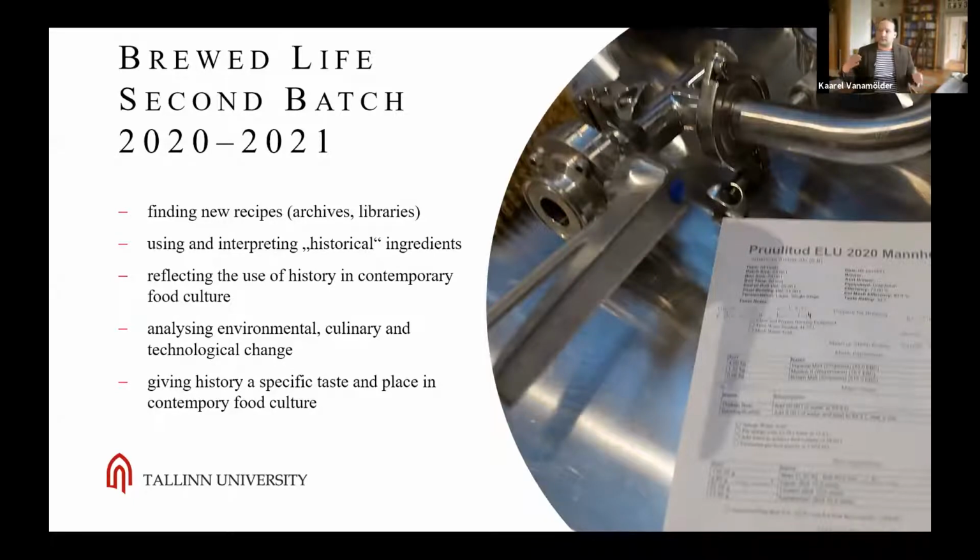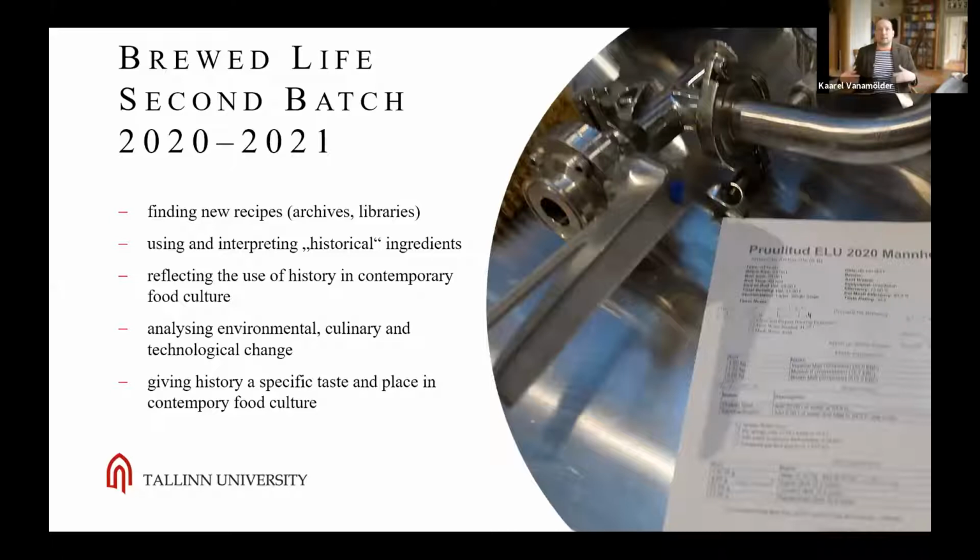So that means at first students had to find the new recipes, digging into archives, digging into the libraries, into the digital libraries, which in our current times is very important. And then the students translated the sources, because generally they were written in German mainly, or in English, but generally in German.